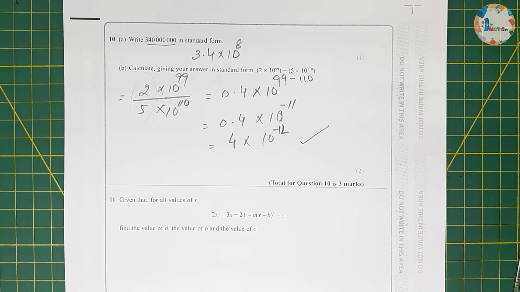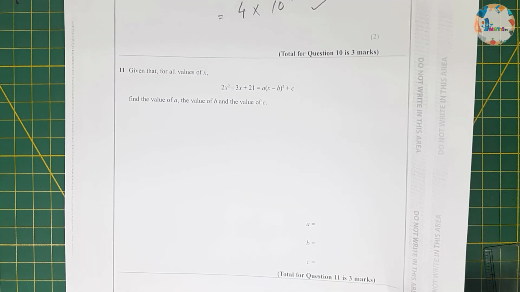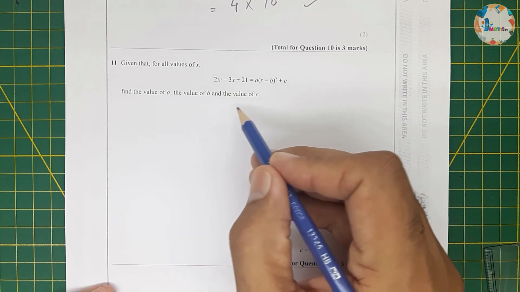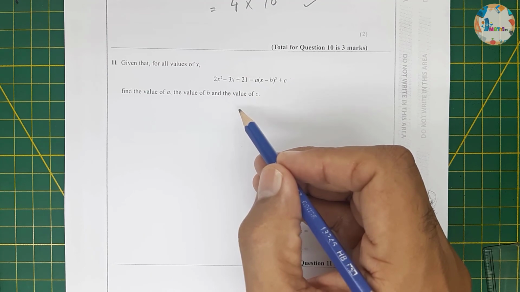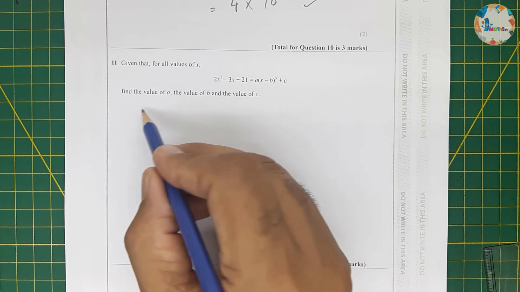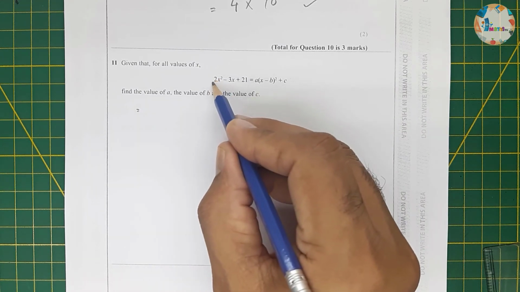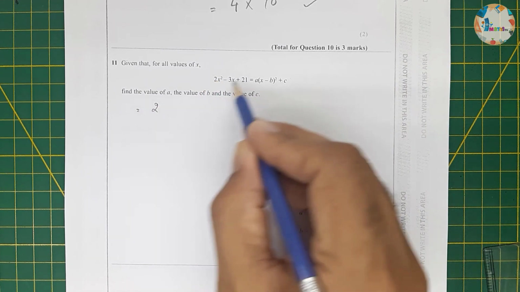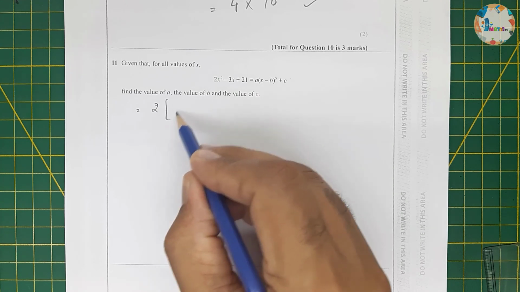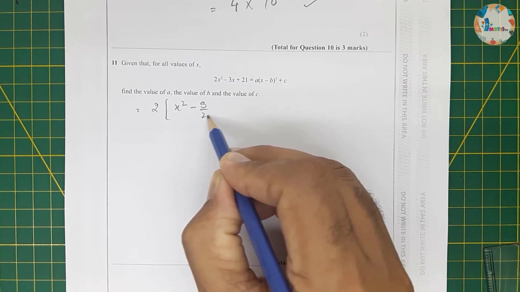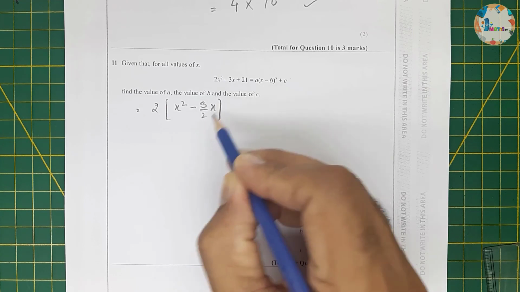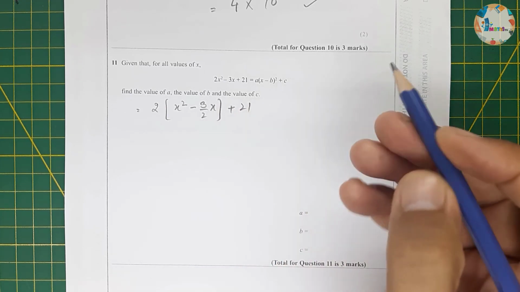Question number 11, given that for all values of x, find the values of a, b and c. So we basically have to show it in completing the square format. First of all, we will separate the coefficient of x squared. We'll take 2 common from the first two terms, and inside will be x squared minus 3 by 2 x, and plus 21 as it is.